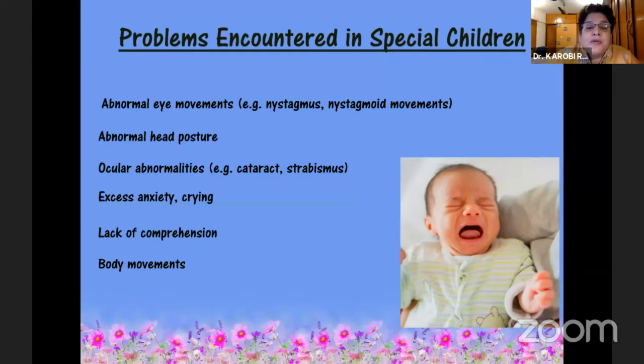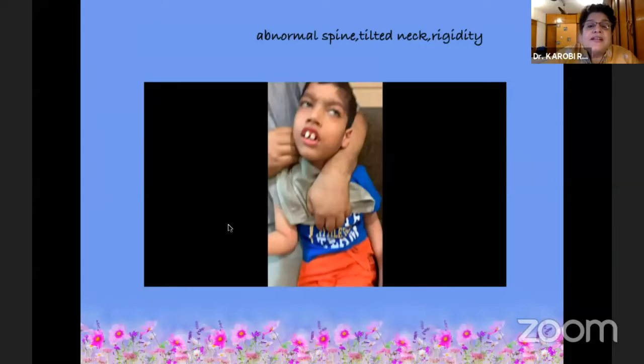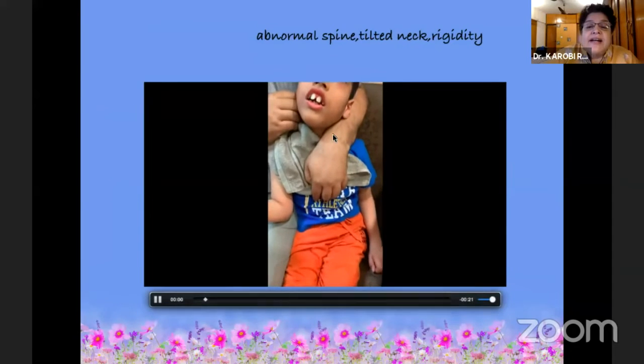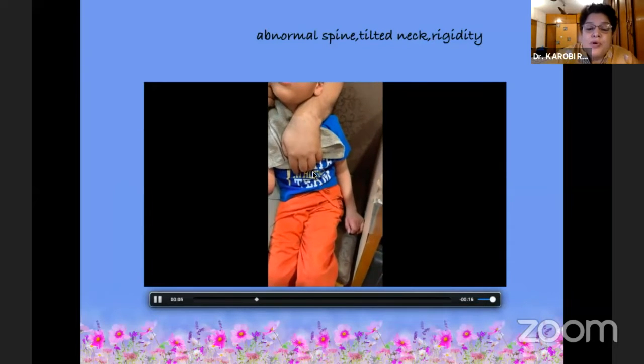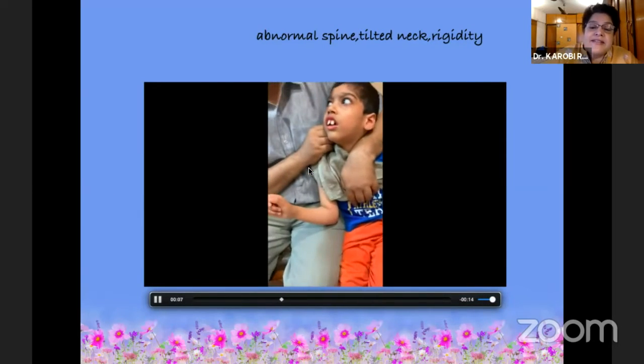So, the problems you encounter are a crying child, the first thing, abnormal eye movements, abnormal head posture, ocular anomalies, excess anxiety, crying, lack of comprehension, and certain twitching or athetoid body movements in certain children. If you see, this child had neck rigidity, this child had a spine problem and had to be supported when he sits or lies down.